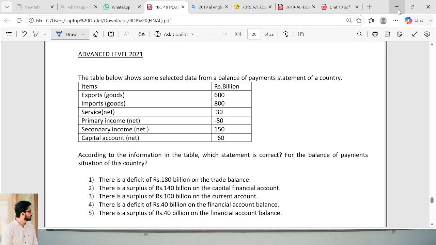Could I calculate the current account balance first? This is 2021.